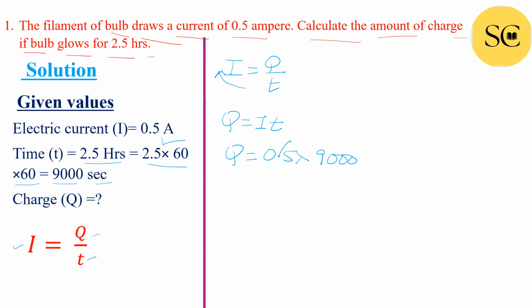Now remove the decimal, 5 into 2 is 10, and divide 9,000 by 2.